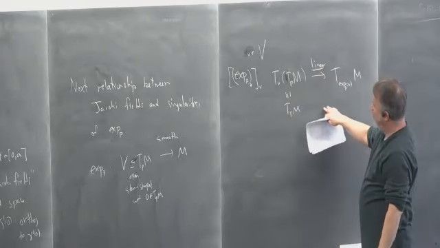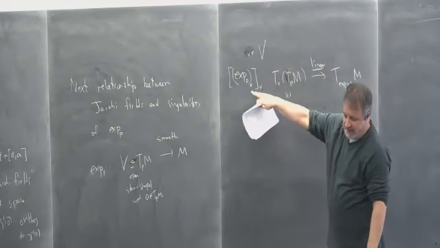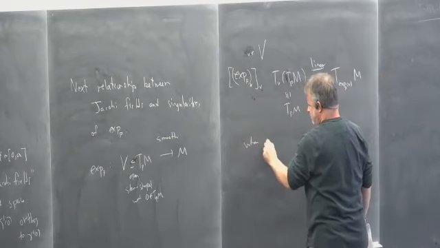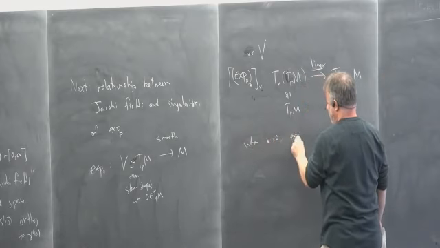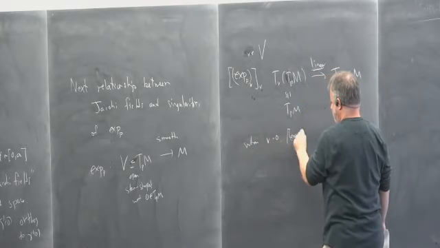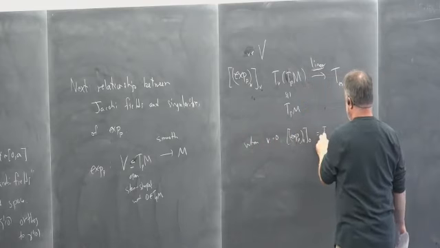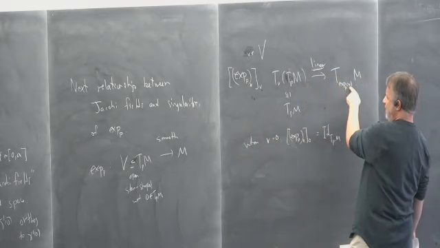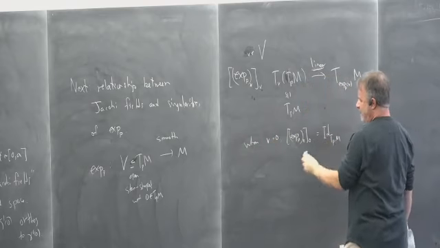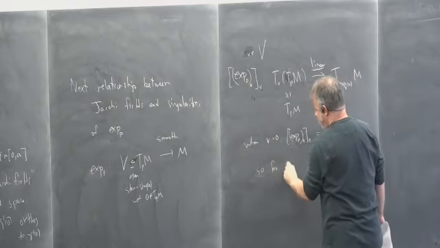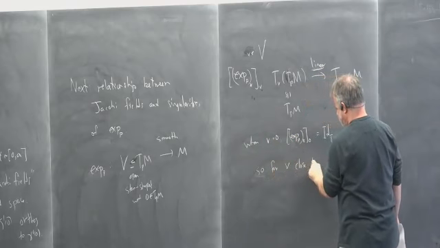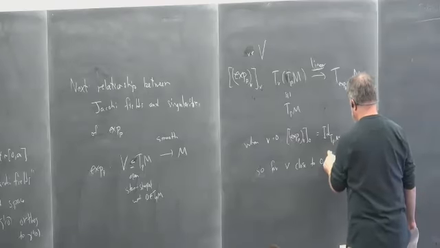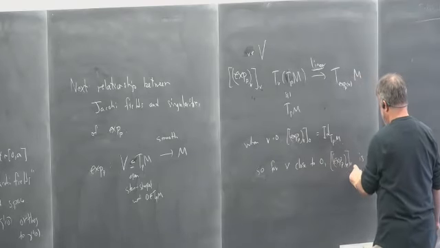We know that when v is 0, exp_p star at 0 is the identity on T_pM, because if I apply exp_p to 0, I get p. So for v close to 0, exp_p star at v is an isomorphism.